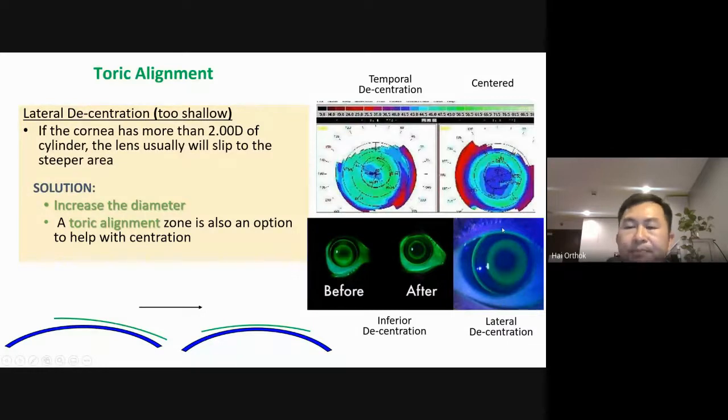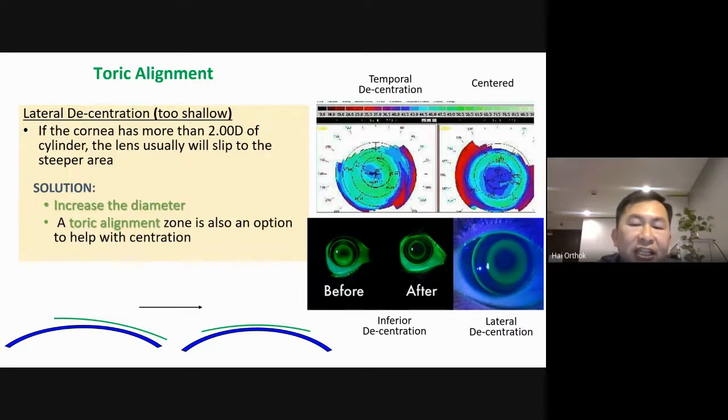If you choose the first K incorrectly, it's also called vaulting and lateral decentration because it's stuck on the vertical meridian of the eye. So, let me review for you how to troubleshoot the Fargo and IC lens. Very easy to remember. If you need more power, you move the lens to the right, and if you need less power, you move the lens to the left. When you do so, you only change the base curve of the lens. If the lens moves up, you make the lens more stiff.